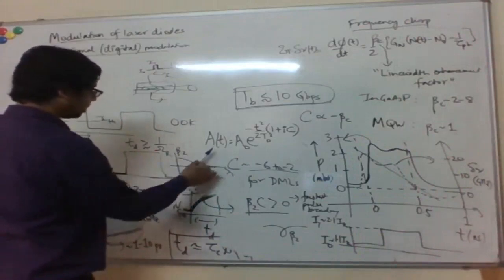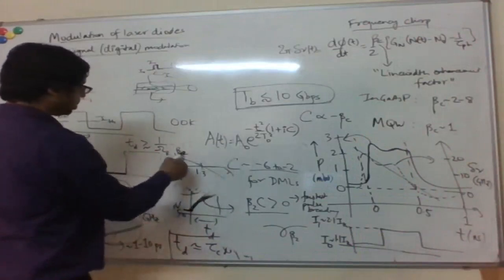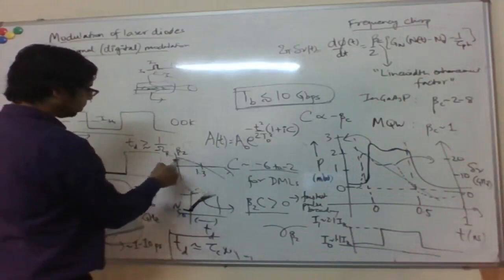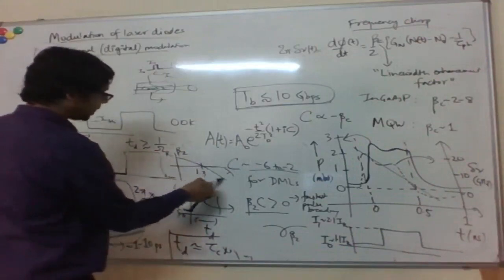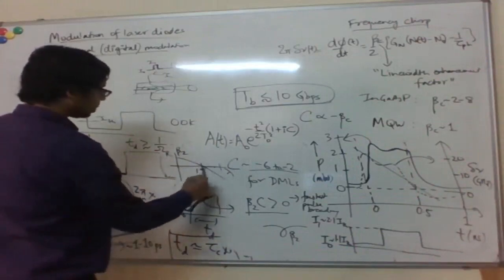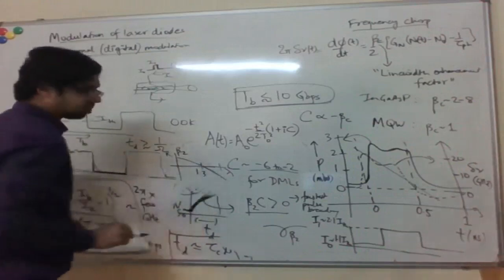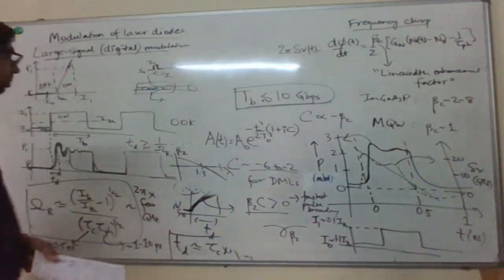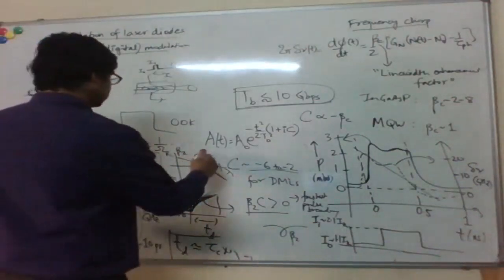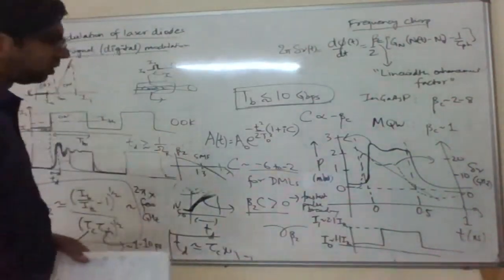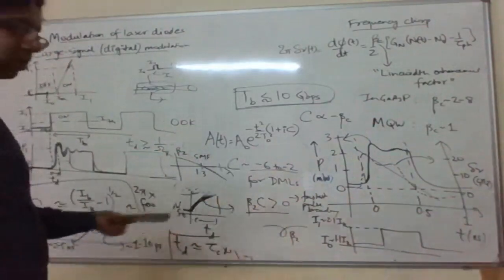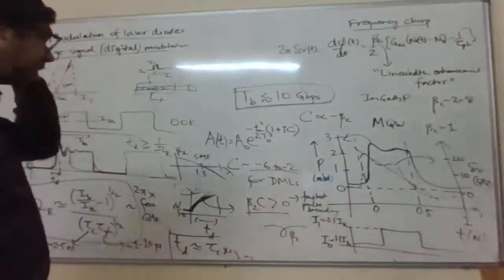D was negative below 1.3 and then became positive. Equivalently, beta 2 is positive below 1.3 micron and then becomes negative. So in the telecom range, 1.3 to 1.6, this beta 2 is negative for a standard single mode fiber, which is the bulk of the fiber laid down for our optical communication network.